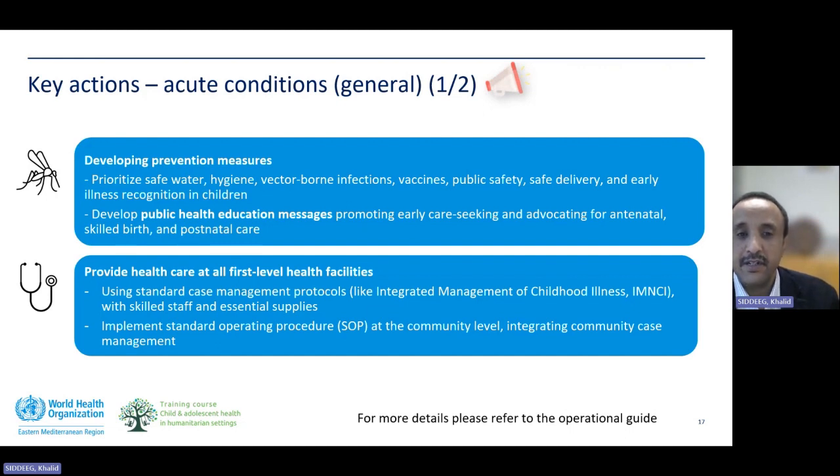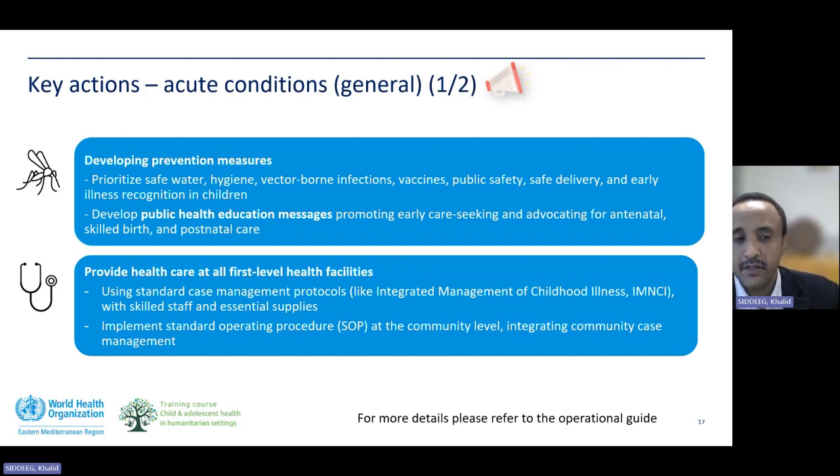Also, vaccination is a big intervention that we always rely on to prevent acute conditions, and safe delivery and recognition of illnesses in children is important. Health education and health promotion messages focusing on early care-seeking behaviors, and advocating for availability of services, is another area of importance for us. This is for prevention.